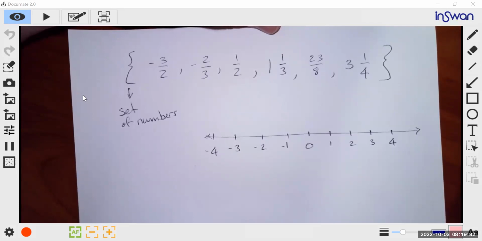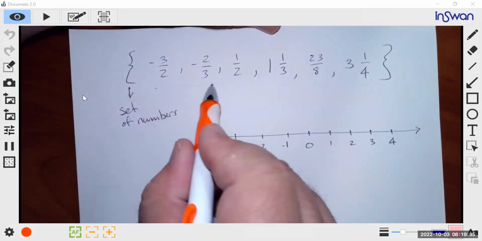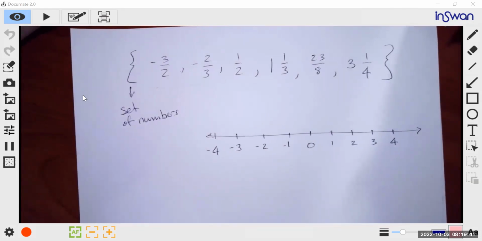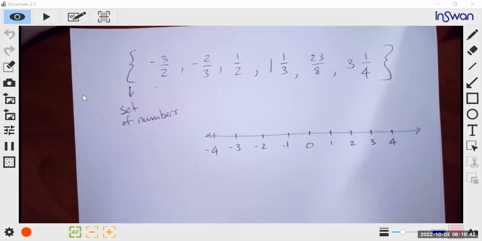Whatever it is has to be negative, so it's got to be one of these first two. Which one's smaller? Remember, when it's negative, the bigger the number, the smaller it is, because it's further to the left.